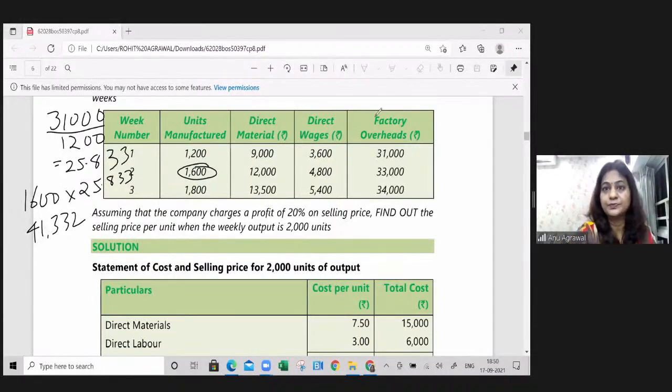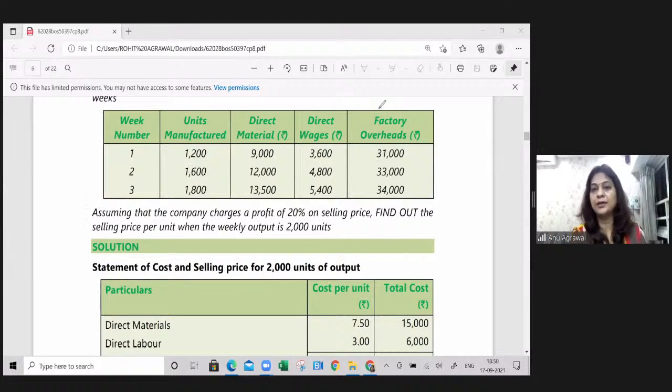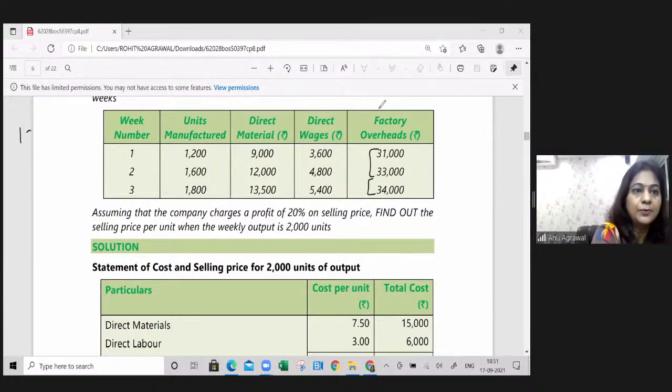So first thing, we need to be very clear that this expenditure is semi-variable. I need to bifurcate the variable part from the fixed part. How can we do it? If I take 1,200 units, your expenditure happens to be 31,000.